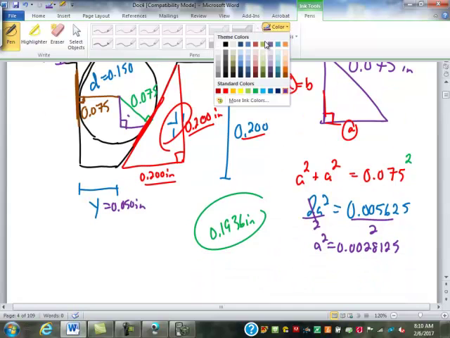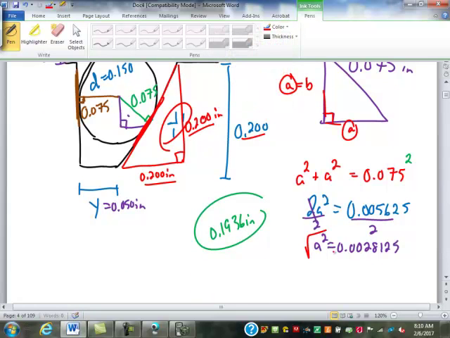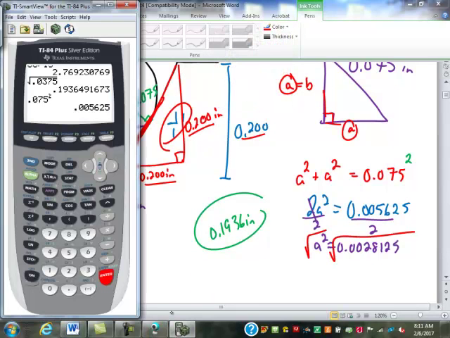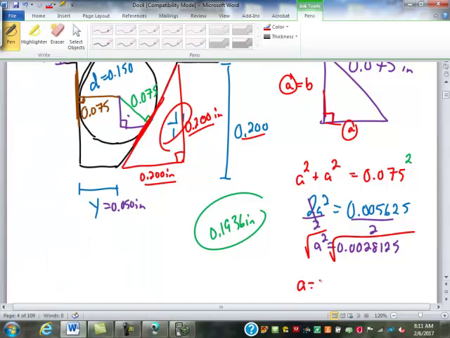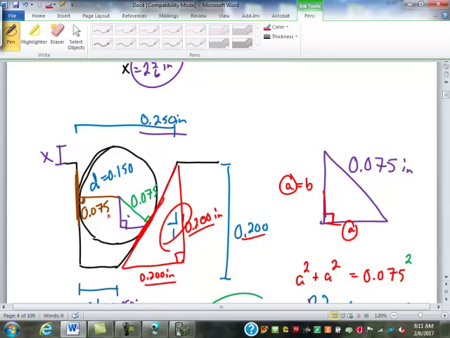And that's what gets square rooted. 0.053, that's better. 0.053 inches is what that dimension is. So this is 0.053. This is 0.053.